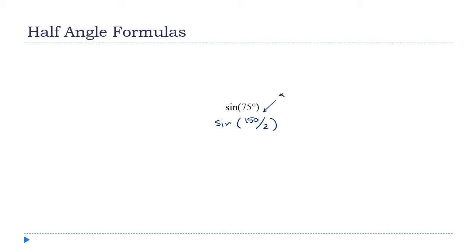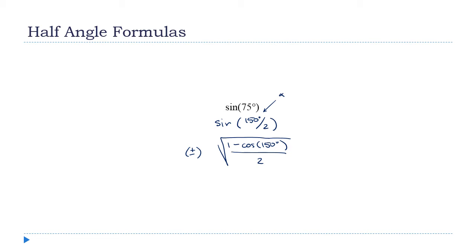So now my formula says the sine of half an angle is the square root of 1 minus the cosine of the angle, that's 150, divided by 2. And I'm going to put this in parentheses off to the side, plus or minus. We're going to have to stop and think about the sign of this thing when we're done.